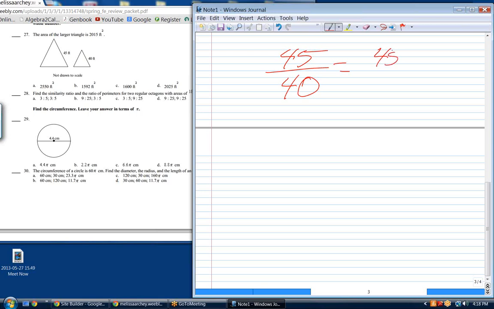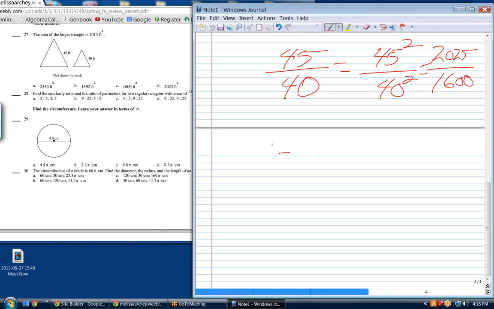Let's put a number on that. Let me pull out my calculator here. 45 squared is 2025 over 1600. What's that number? What's 2025 divided by 1600? 1.26.